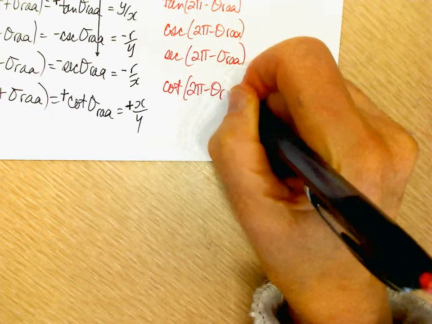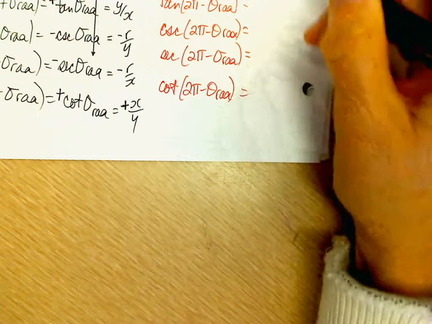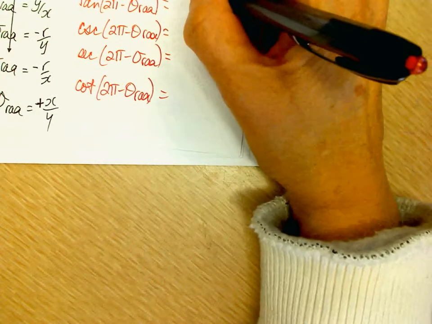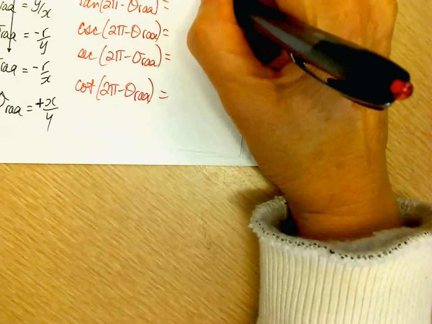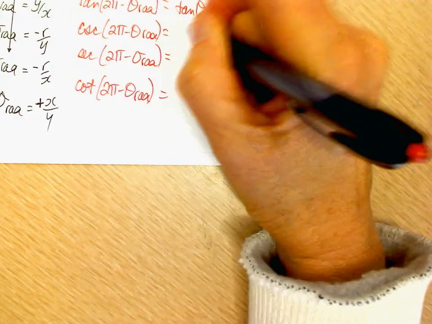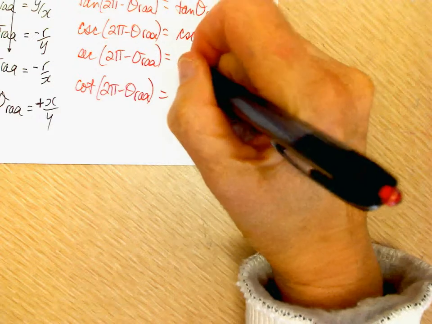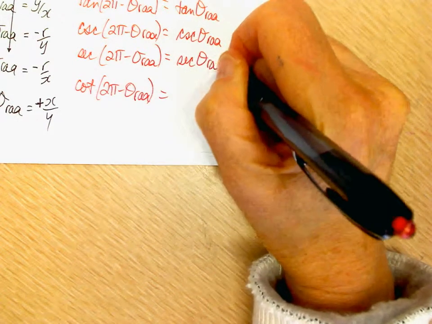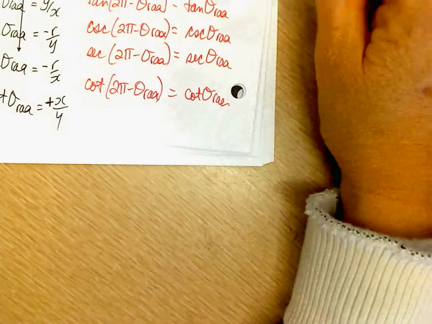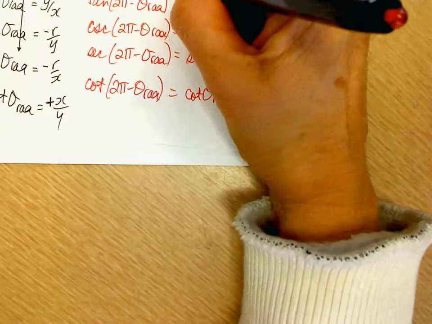So you know it's going to be some sine of theta RAA. What's positive in this quadrant? Cosine, right? This one, and its reciprocal, this one. This is negative, negative, negative.